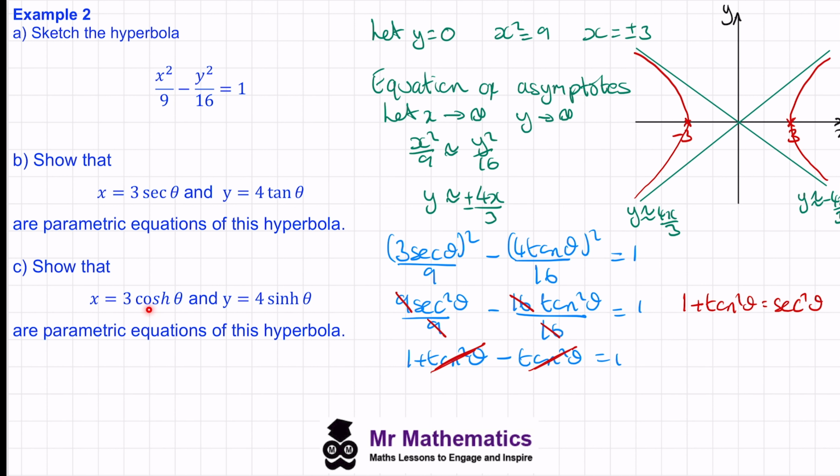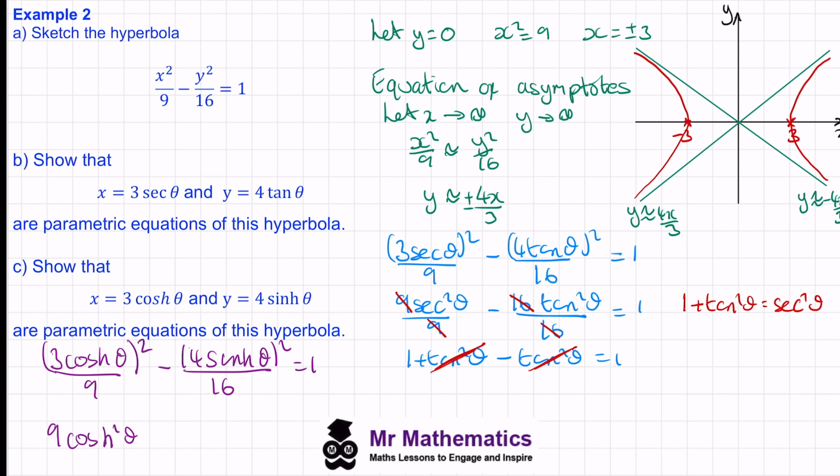We'll substitute the 3 cos theta into here, and we get 3 cos theta all squared over 9 minus 4 sine theta all squared over 16 equals 1. When we square the numerators, we get 9 cos squared theta over 9 minus 16 sine squared theta over 16 equals 1.